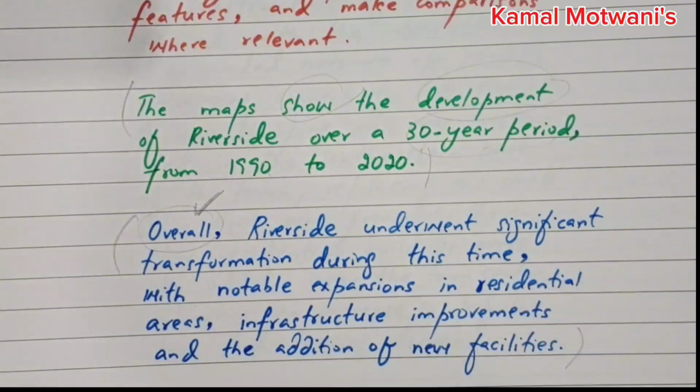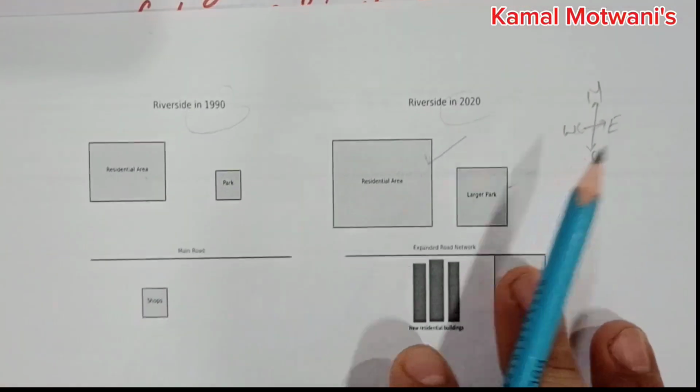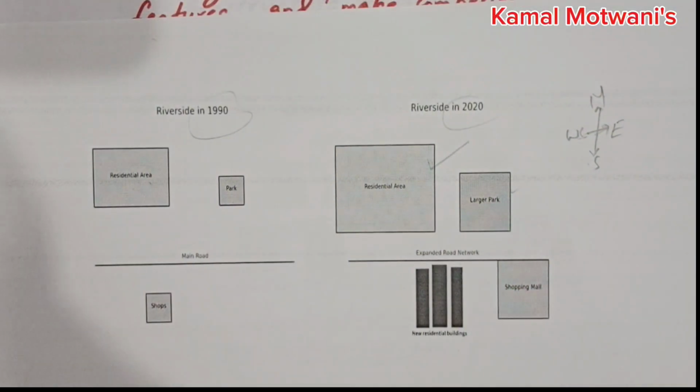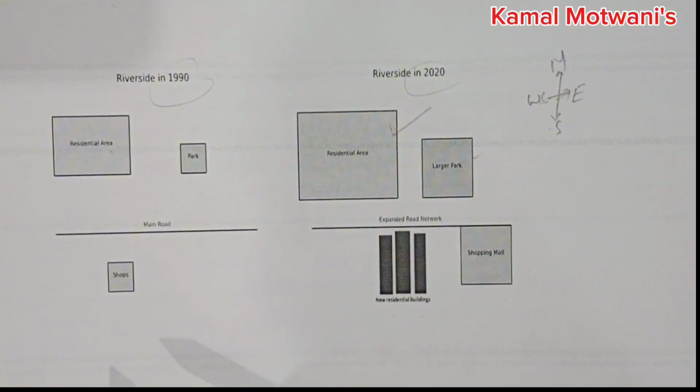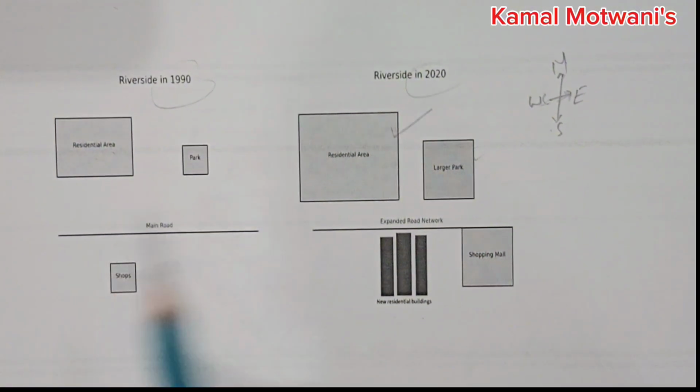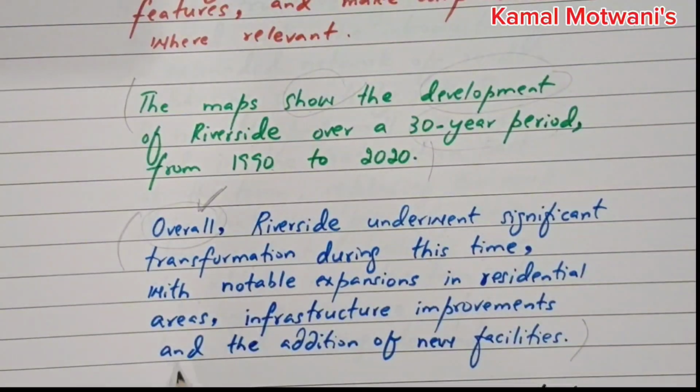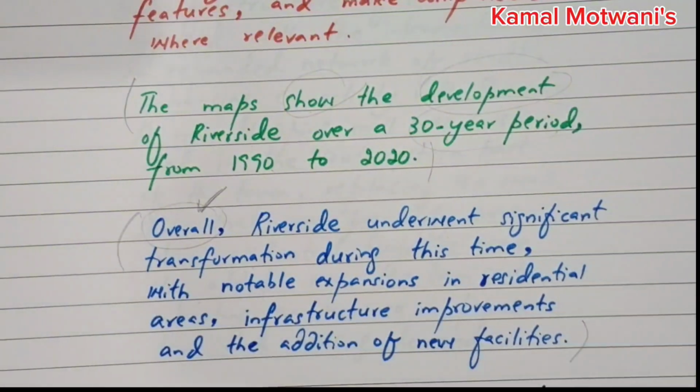Infrastructure improvements. Now, infrastructure improvements particularly refer to this small road to expanded road, or we can say small shops to a big shopping mall. And then I have written and the addition of new facilities. What was the addition of new facilities?